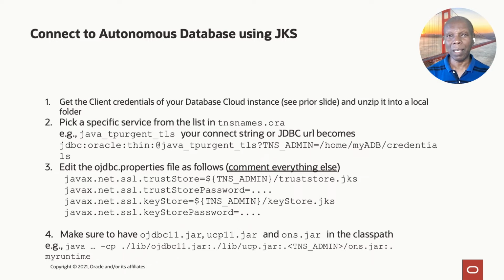You need to comment out everything else, so only JKS specifics are in this file. Then you need to make sure you have ojdbc11, ucp.jar, and ons.jar in your classpath. That's all you need in order to connect to Autonomous Database using JKS. You can see the connect string where we have the TNS_ADMIN variable, which points to the location where your client credential zip file has been unzipped.